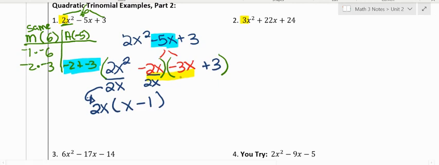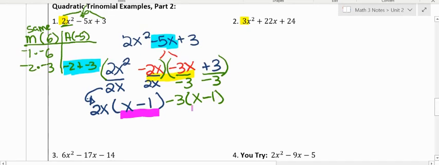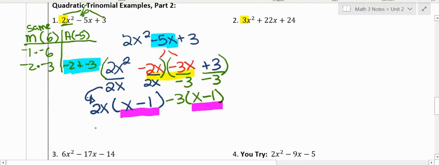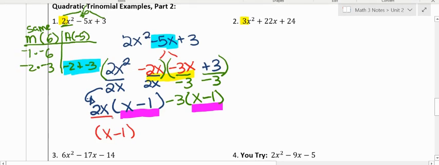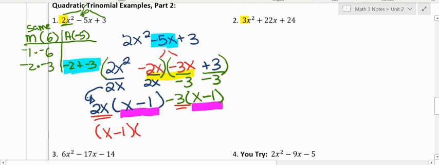In the second pair, it starts with a negative, so I have to pull out a negative, and they both have a 3 that goes in there. Again, if I start with two terms, I have to end with two terms. So I'm left with x minus 1. I know I'm doing it correctly because my parentheses match. And so I have x minus 1 and then 2x minus 3.